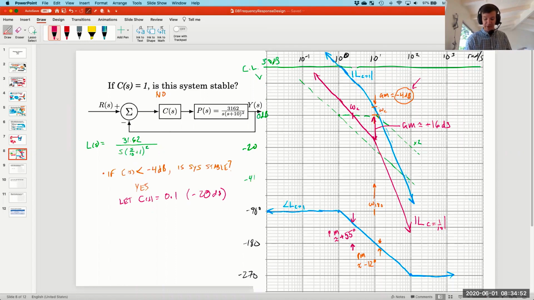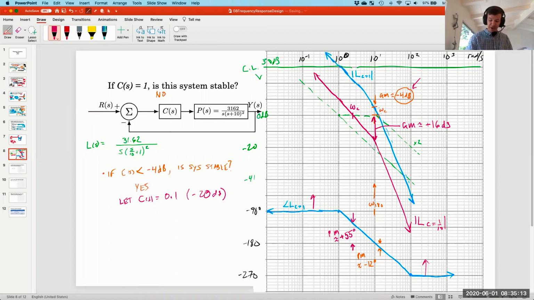So the omega 180 hasn't changed. So you are improving your gain margin, but you're also moving your crossover frequency left. So you're improving your phase margin. If I instead were to hold the magnitude plot fixed, so leave this blue curve the way it is, but somehow raise the phase curve, I think that would have the same effect.